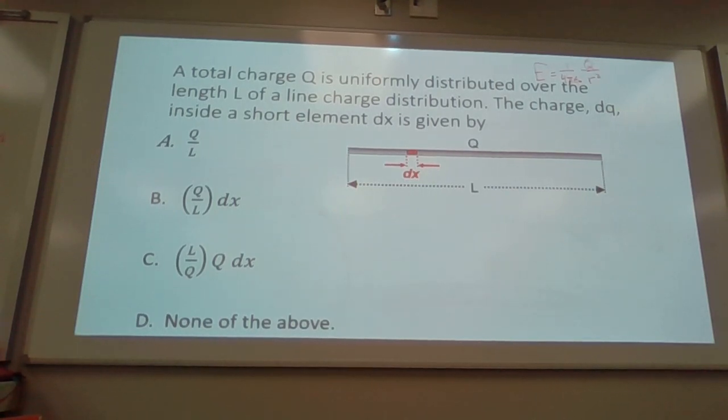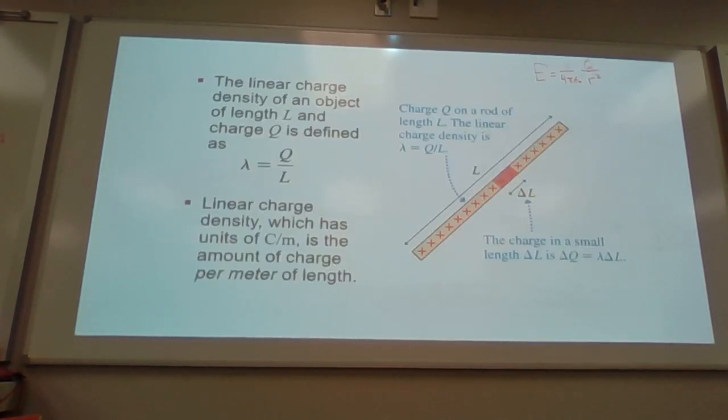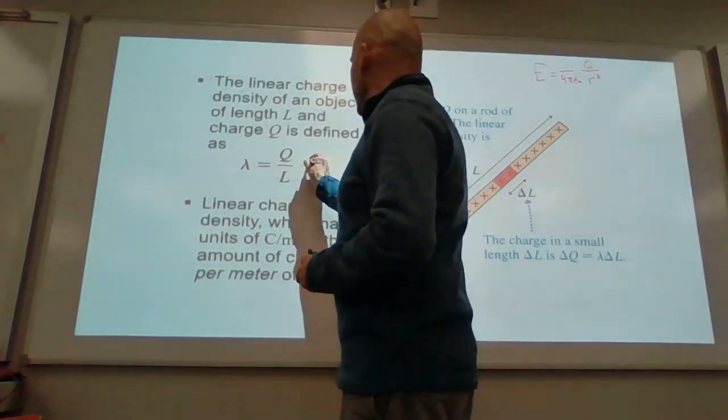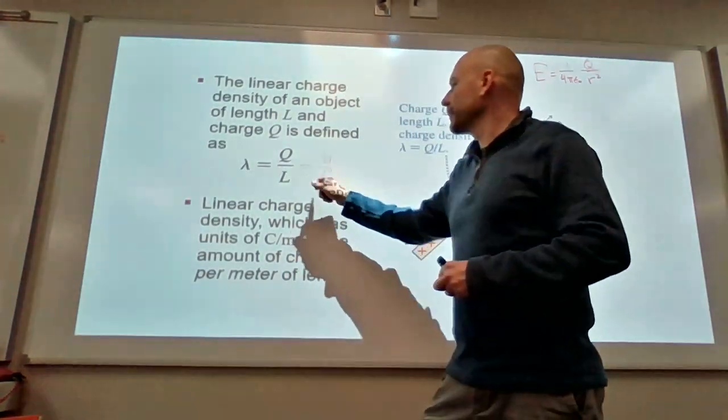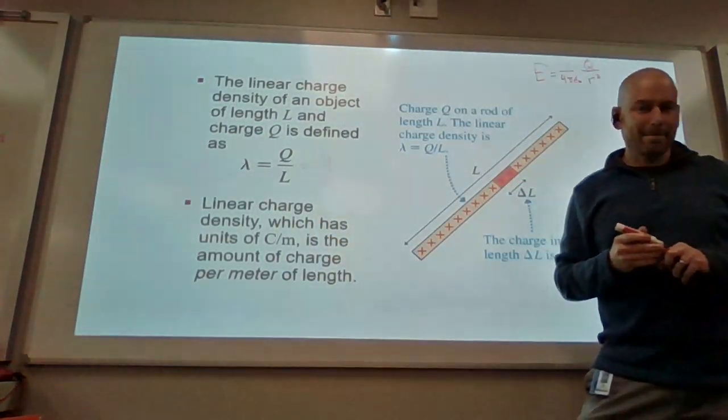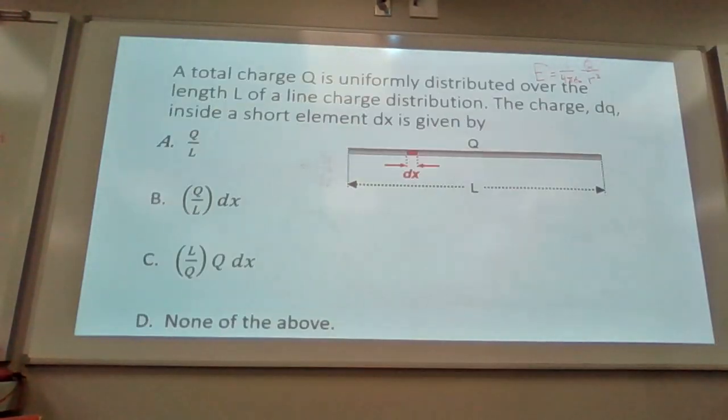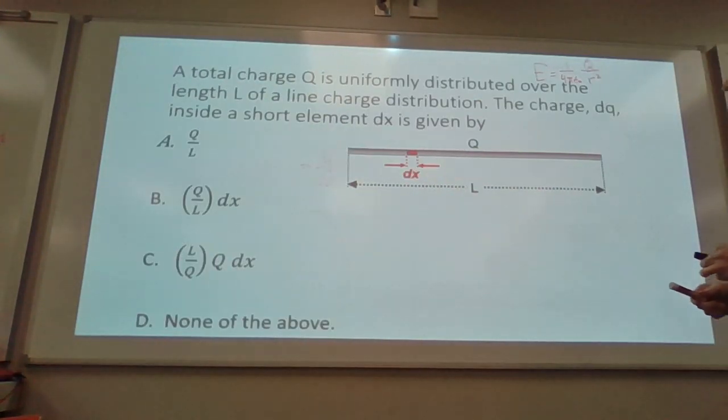Everybody good with B? We're taking this ratio that we just established, and you have dq over dx. Multiply that over. Okay. All right.